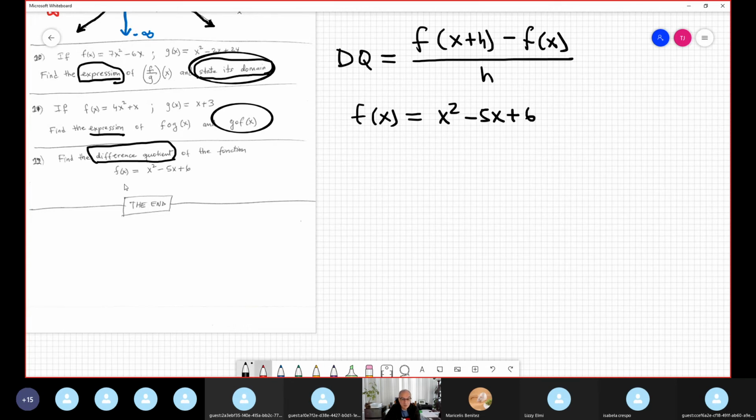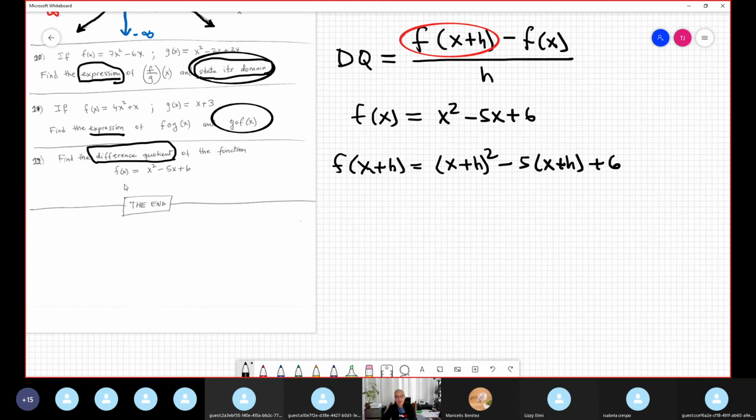Therefore, you compute step by step. Compute that part first. That part is f of x plus h. According to the function notation, you replace x with x plus h. And leave it like that? No, of course not. You FOIL here, x plus h times x plus h.